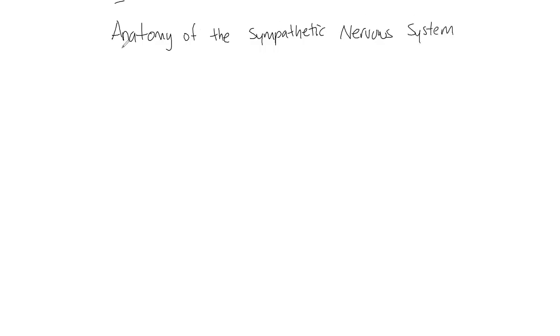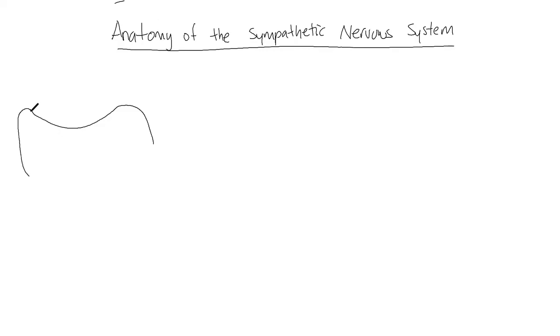All right, so we were illustrating the anatomy of the sympathetic nervous system. And just to remind ourselves here, we've got the cross section of the spinal cord. This is the segment where these fibers arise.